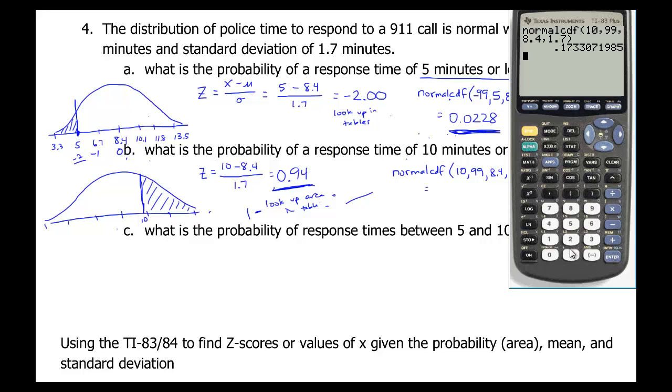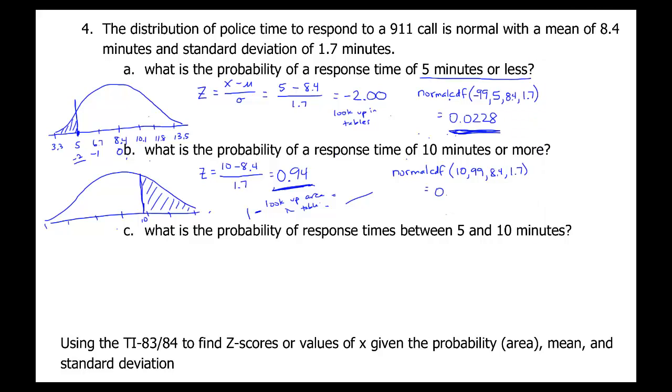We get 0.1733. Again, that's area or probability, and that's the only number we need to answer that one.